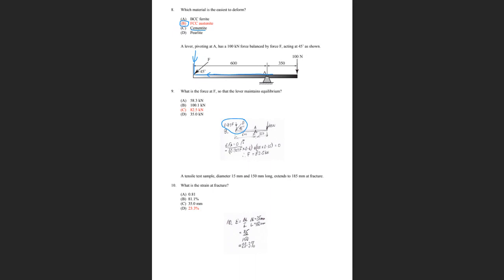And so you multiply this force, which is 0.707 F, by the perpendicular distance that it is from the pivot point, which is 0.6 of a meter. And that's going to go anti-clockwise.